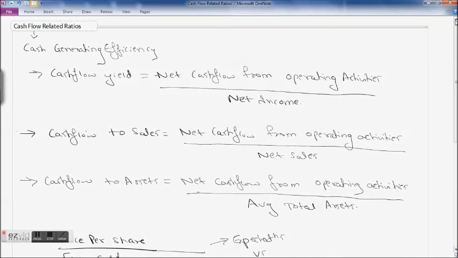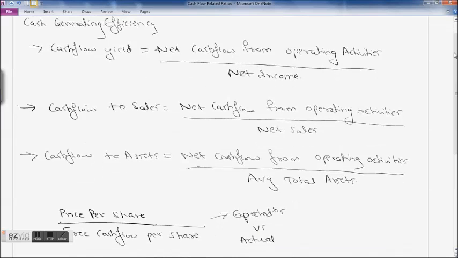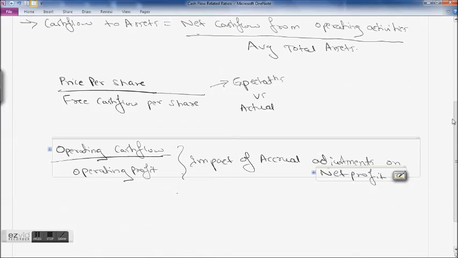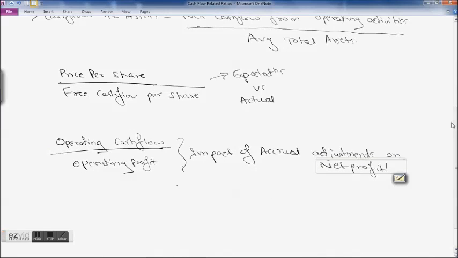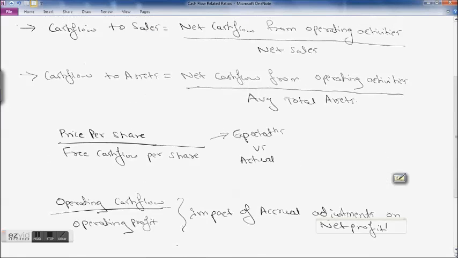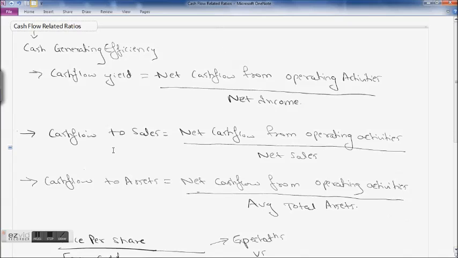The cash flow is a very important statement, and on the basis of that, all these ratios show you how much is the cash generating efficiency of the firm. So that was about ratios related to your cash flow statement. Thank you.